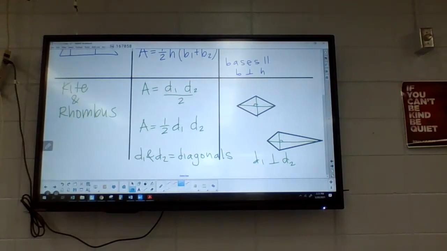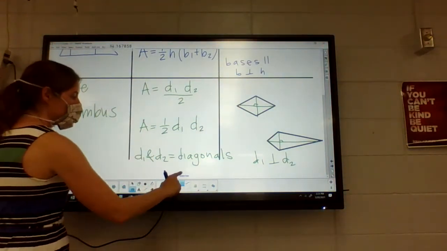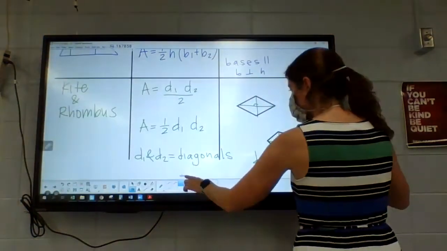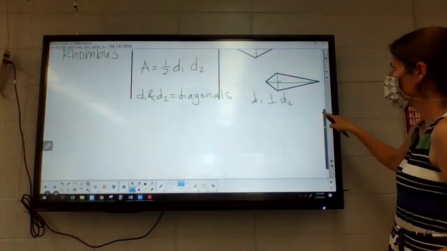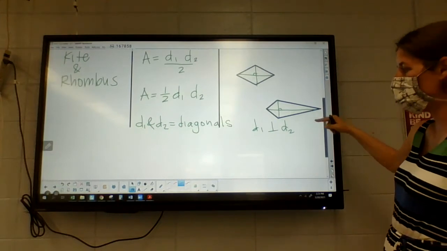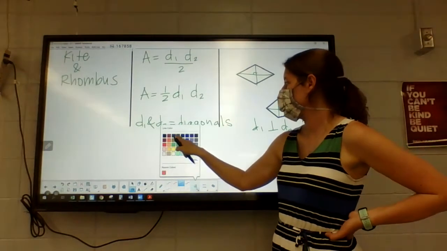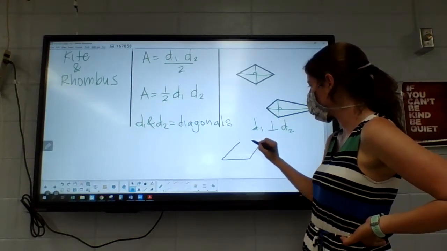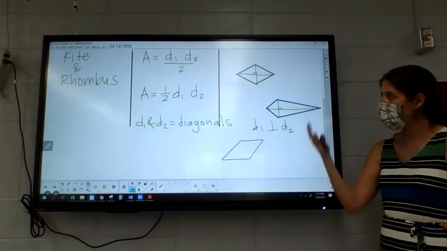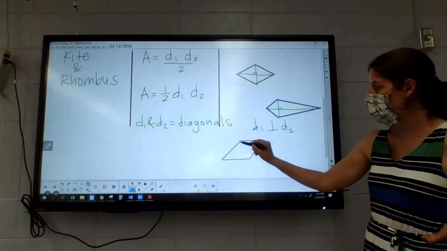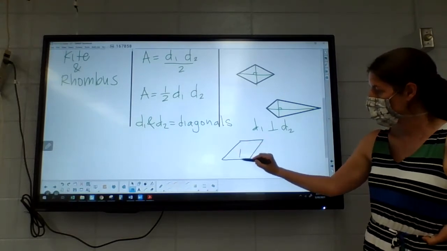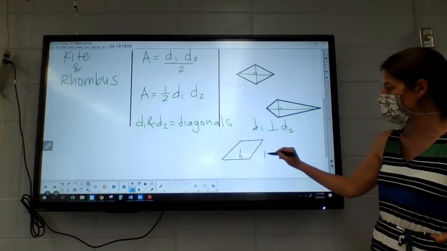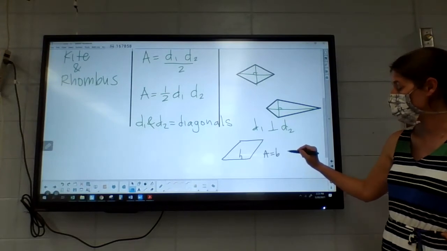Now down here, I just wanted to really quickly remind you guys, if the rhombus looks like this, again, if you know the diagonals, that's fine, but remember, you can also use base times height divided by 2, or base times height.